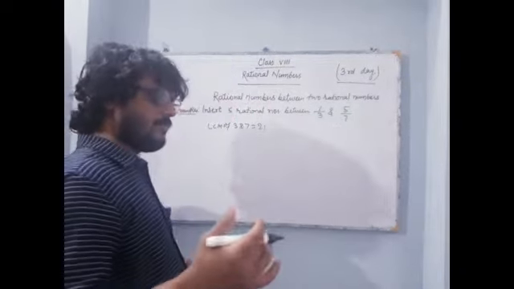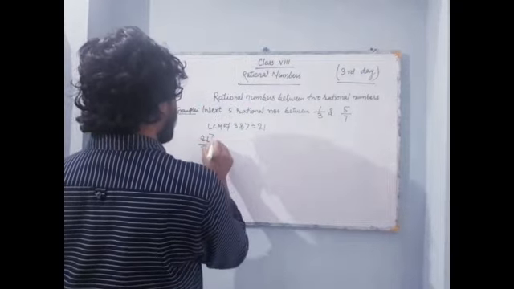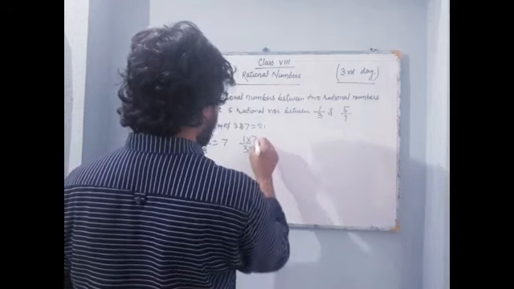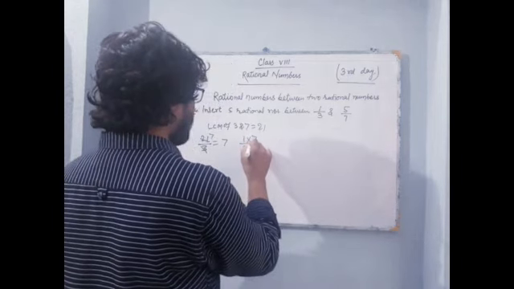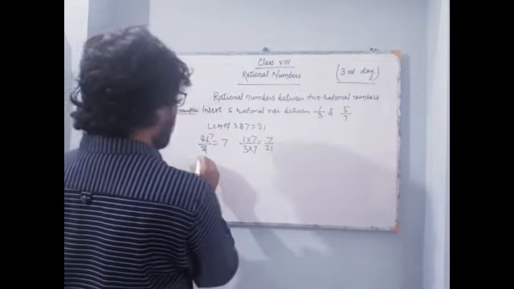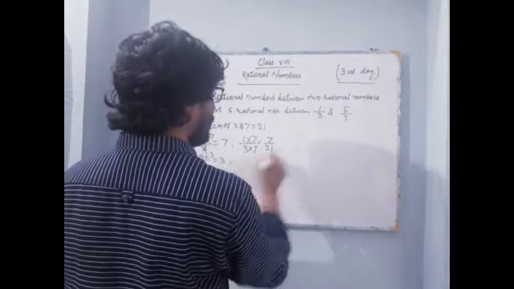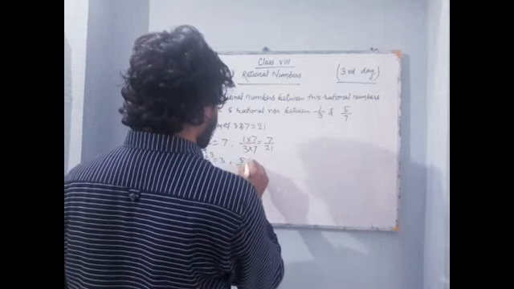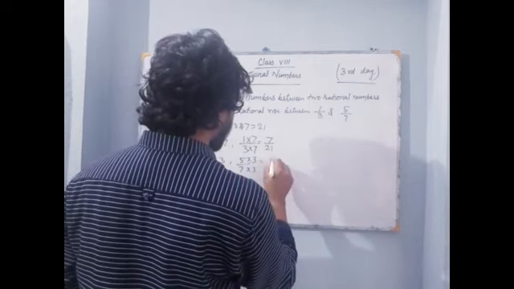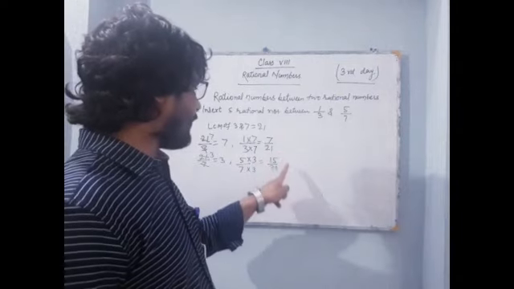So I am not describing so much. 21 divided by 3 is 7, so multiply numerator and denominator of 1 by 3 by 7, that is 7 by 21. Now 21 divided by 7 is 3, and multiply numerator and denominator of the second rational number, 5 by 7, by 3, and we get 15 by 21. Now our two like fractions are 7 by 21 and 15 by 21.